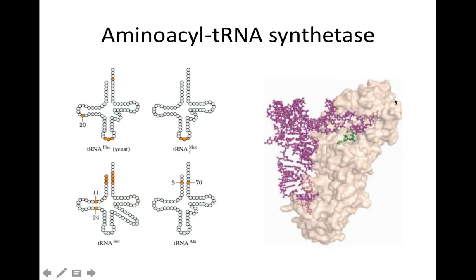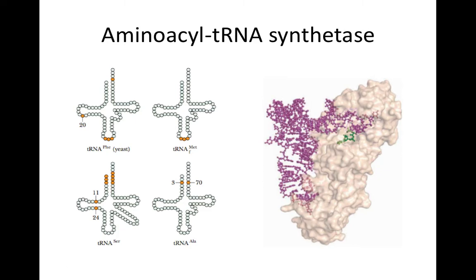Here, this gray, fleshy looking thing is actually your aminoacyl tRNA synthetase, and these are very specific to your tRNA. This violet molecule is your tRNA, and the green molecule is your amino acid. If you have a tRNA phenylalanine, there's a specific synthetase for it.